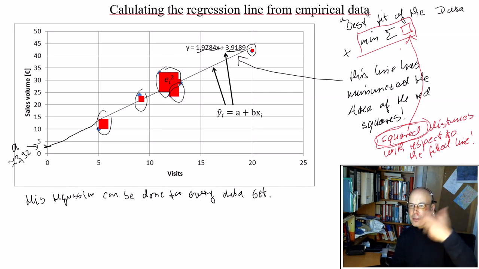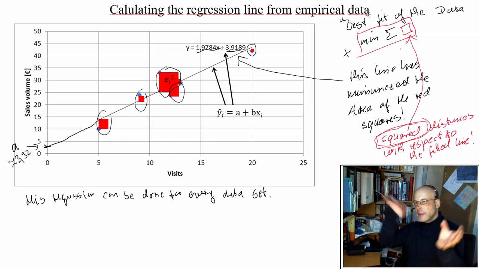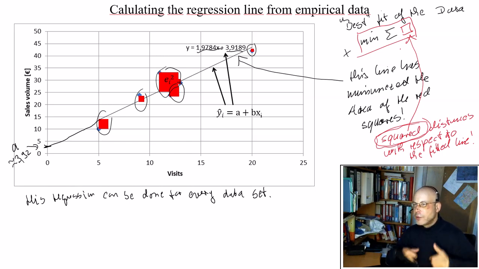Then you are measuring a higher value because you are squaring. If you have a distance of 4 and you square it, then you get 16, and if you have only 1, then 1 squared is still 1. So the outliers get a higher value.